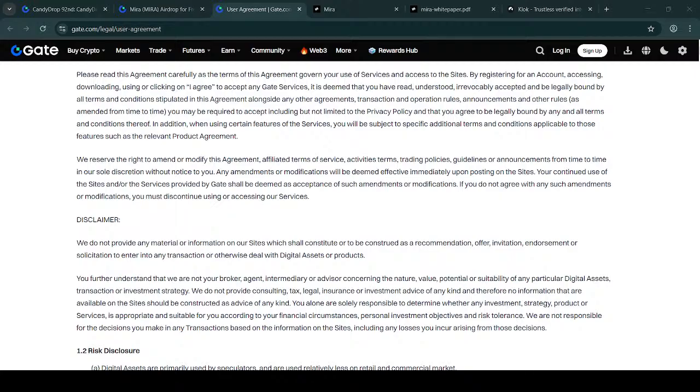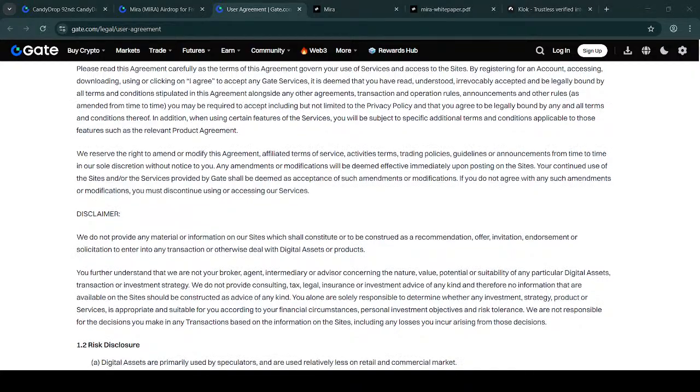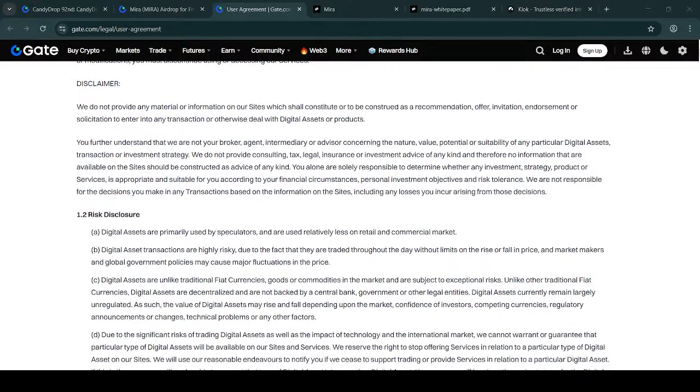So, disclaimer guys: we do not provide any material or information on our site which shall be construed or trusted as a recommendation, offer, endorsement, or solicitation to enter into any transaction or other deal with digital assets or products.